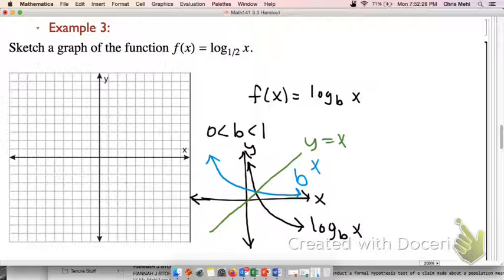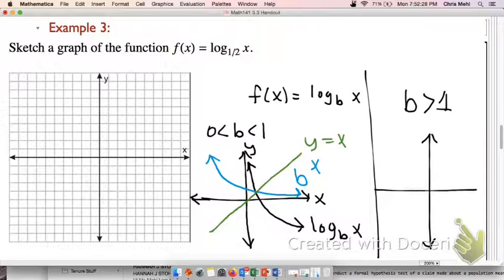Okay, so I can also think of the case where the base is greater than 1. Here's a set of coordinate axes. In the case that the base is greater than 1, the exponential function will actually be increasing, and the y-axis is still a vertical asymptote.